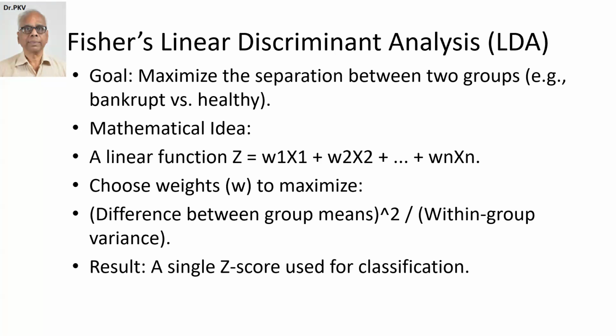Choose the weights to maximize the between-group sum of squares relative to the within-group sum of squares, that is, the difference between group mean squares divided by within-group variance. The result is a single Z score used for classification.